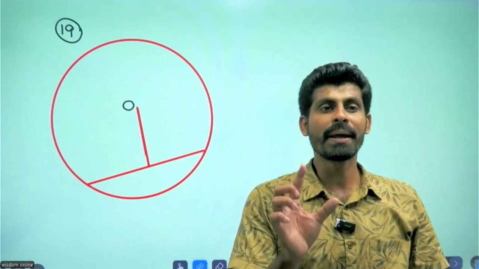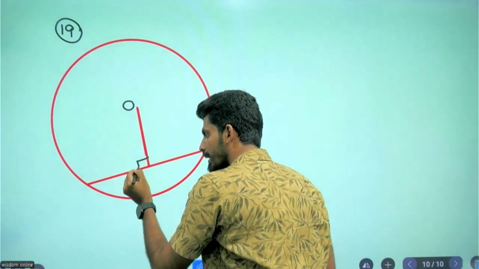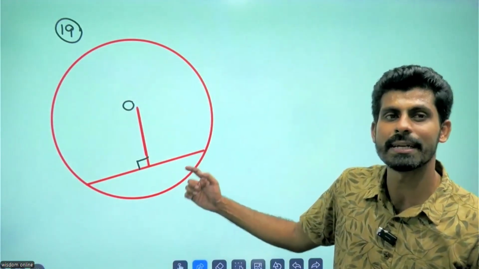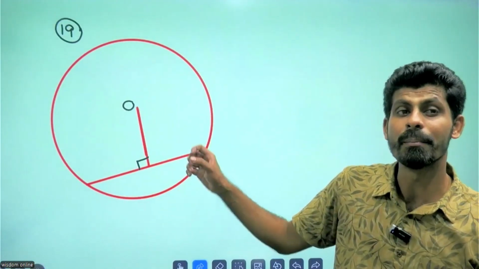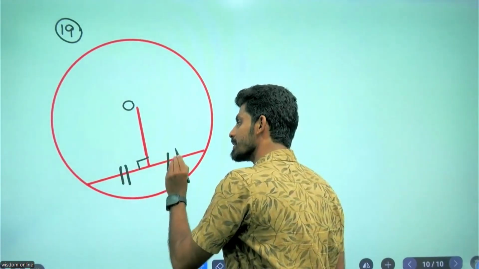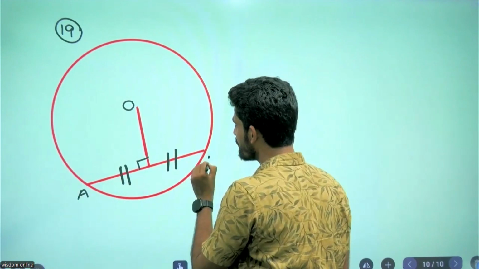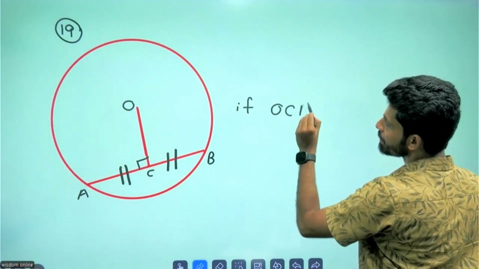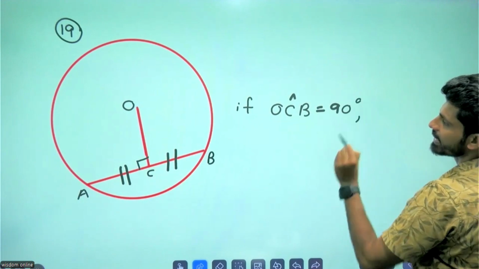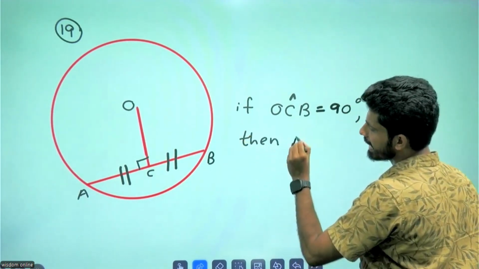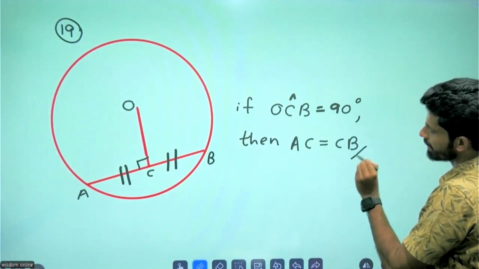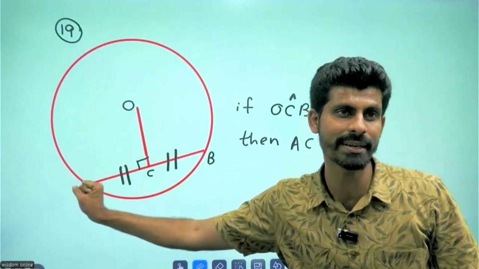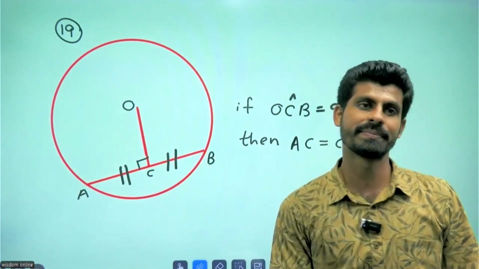If you draw a perpendicular line to the chord, then the chord is bisected. So A, B, and I'm taking this point as C. If angle OCB equals 90 degrees, then AC equals CB.